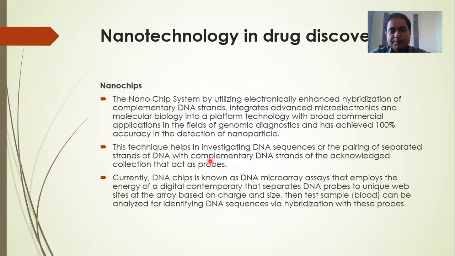This technique helps in investigating DNA sequences or the pairing of the separated strand of the DNA with a complementary DNA strand of the acknowledged collection that acts as a probe.